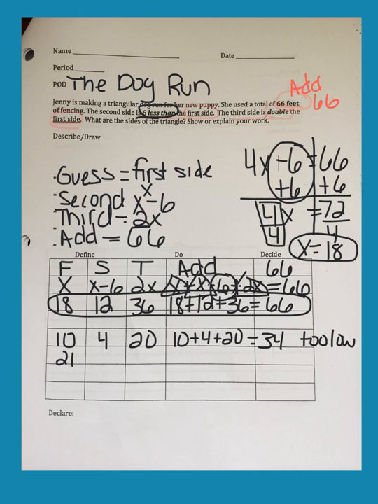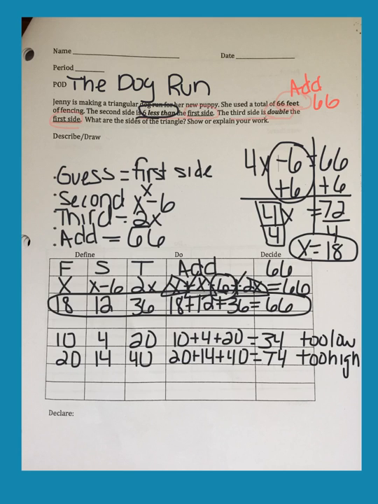So then I would try 20. 20 minus 6 is 14, and 2 times 20 is 40, and 20 plus 14 plus 40, you can see now that we're going to be too high because that is 74, and that's too high. But you can see that it is definitely much closer to the 20 than to the 10. So then my next guess would be probably 17, 18. So that is how you would do the guess and check problem.